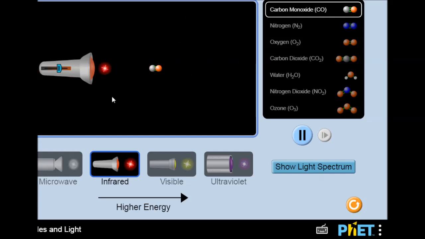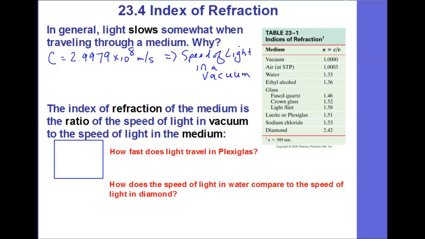Now, if we consider that light might be traveling through a bunch of different types of molecules, every time light gets absorbed by one of these molecules, it takes some time for it to decay back down to a lower energy state and kick that photon back out. So if we go back to our picture here, maybe these astronauts have to make a pit stop.